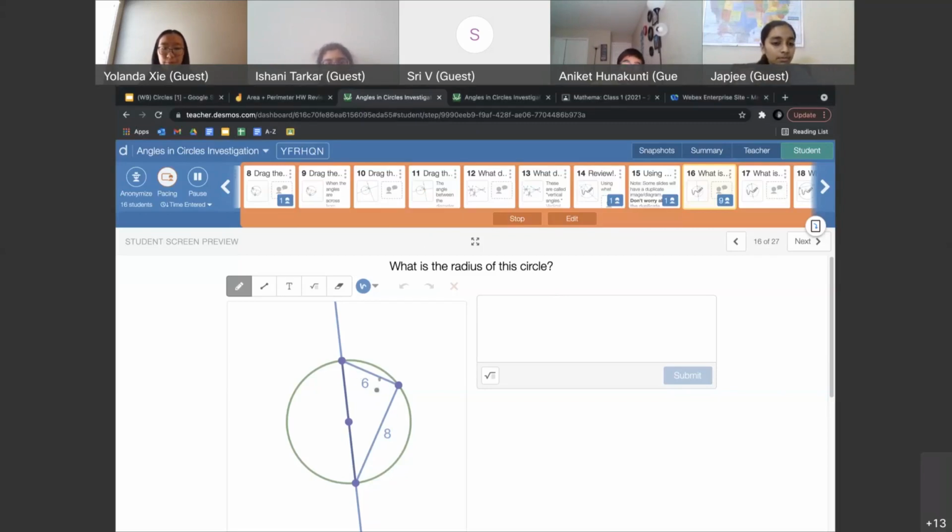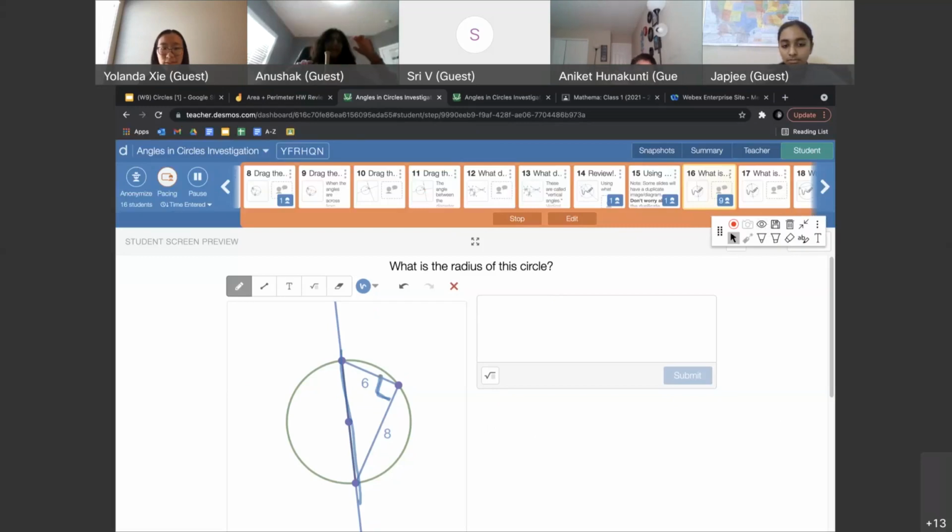If you remember, if there's a triangle with one point on the edge of the circle and one side being the diameter, then you know that this angle right here is a right angle. So this is a right triangle, meaning that we can use the Pythagorean theorem on it. Remember that? I'm not too confident in my answer.